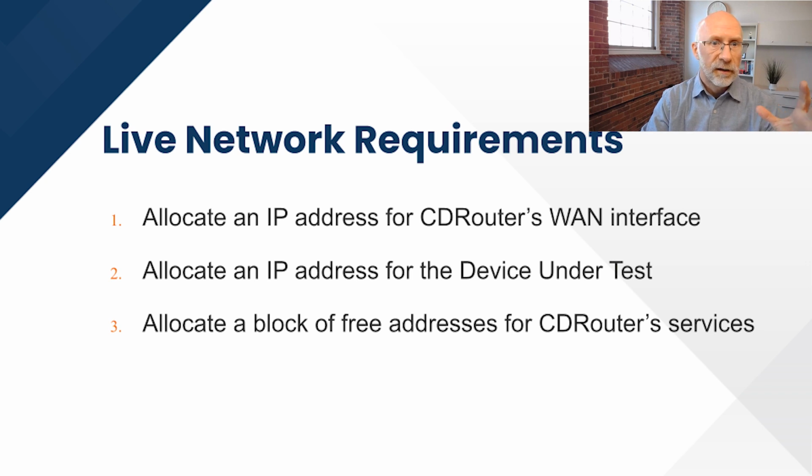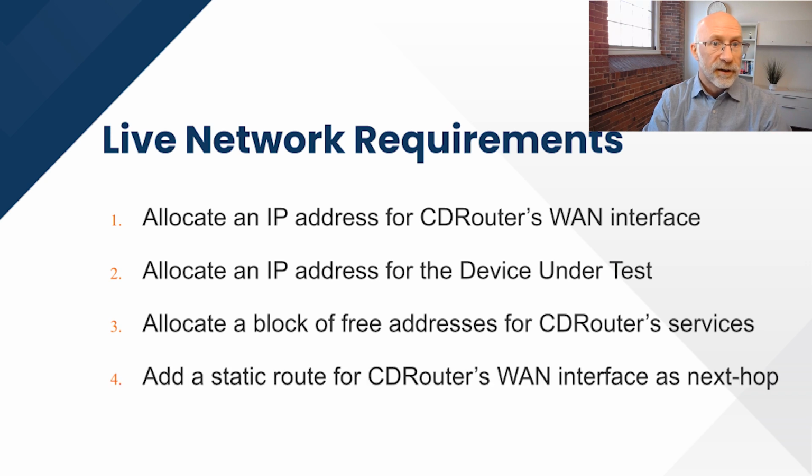Ideally, this is a /24, a 256 address block. If it can be larger, even better. Lastly, you're going to need to add a static route so that your routing environment knows how to route all of the traffic to those virtual servers through CDRouter's WAN interface. CDRouter's WAN interface is going to be the next hop in order to reach those destinations.